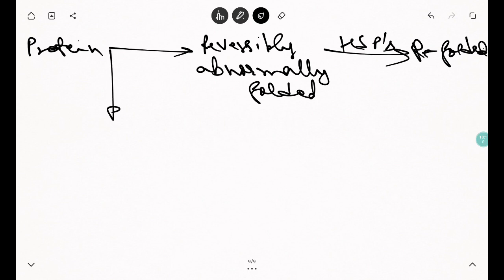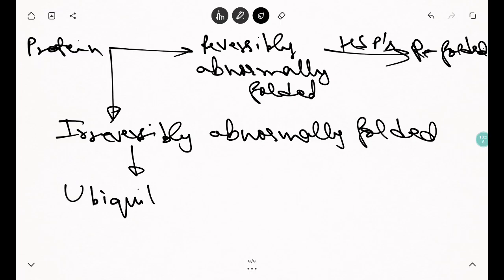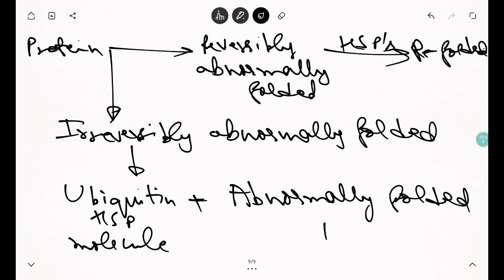But if the protein has been irreversibly abnormally folded, then it will combine with the ubiquitin HSP molecule plus abnormally folded protein. After this, this abnormally folded protein will become the target for intracellular digestion.